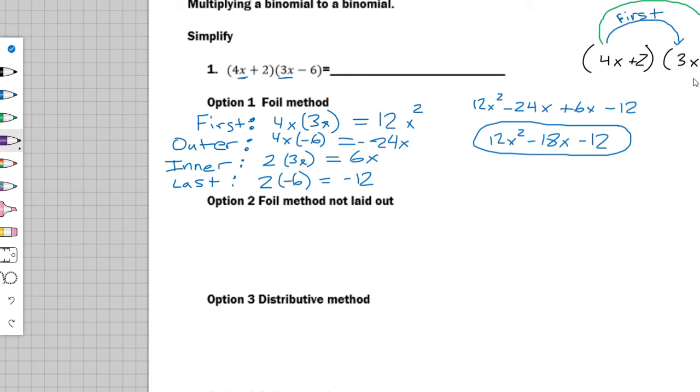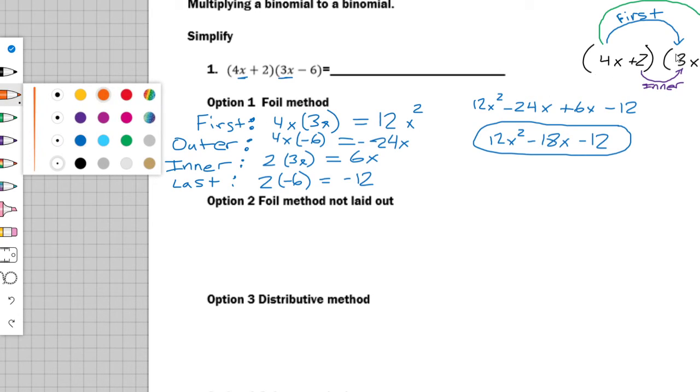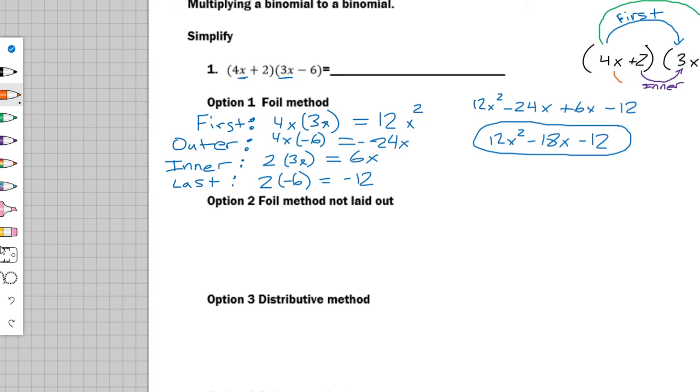Then we have inner. And then we're going to have last. Okay, so hopefully that helps visualize it a little bit more.